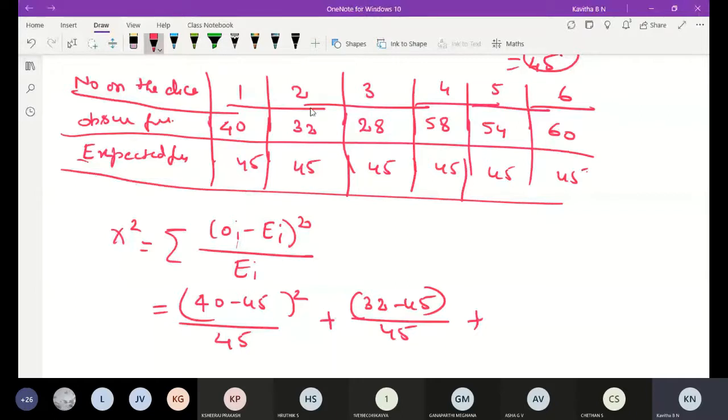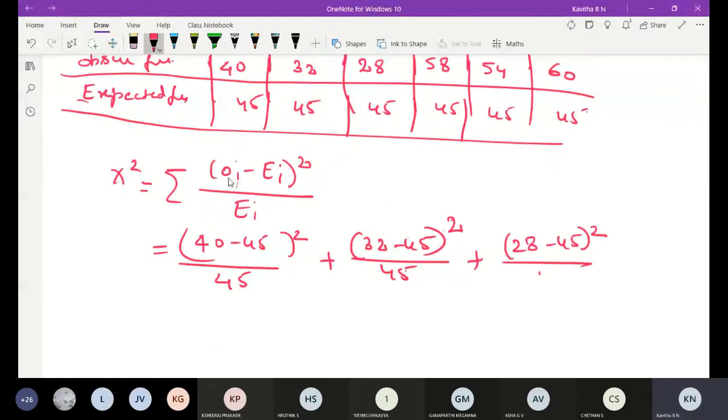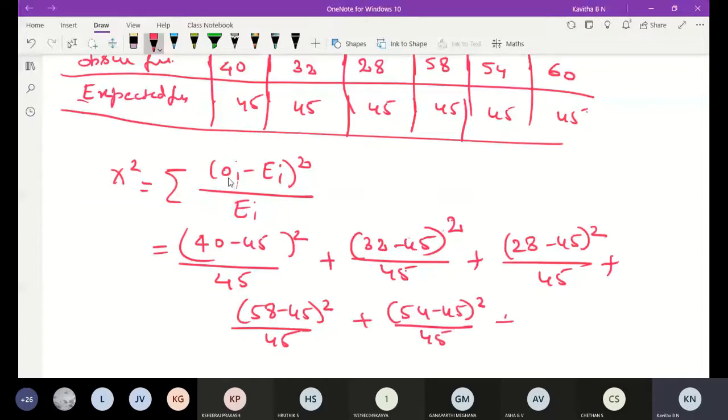(40 minus 45) whole square divided by 45, (32 minus 45) square divided by 45, plus (28 minus 45) whole square divided by 45, plus (58 minus 45) whole square divided by 45, then (54 minus 45) whole square divided by 45, plus (60 minus 45) whole square divided by 45.